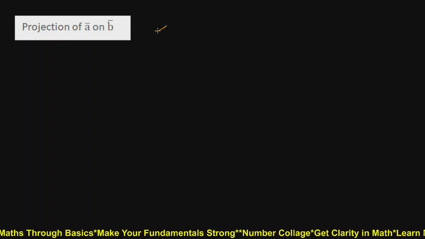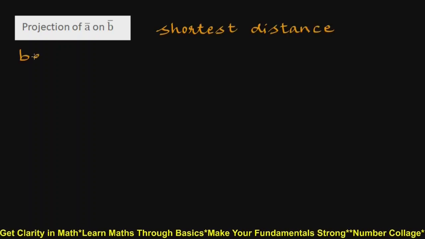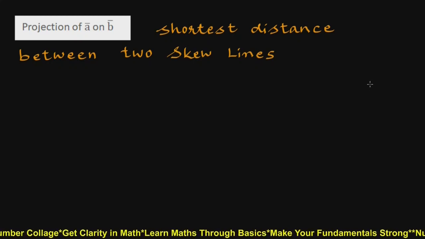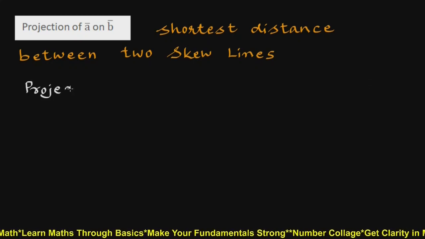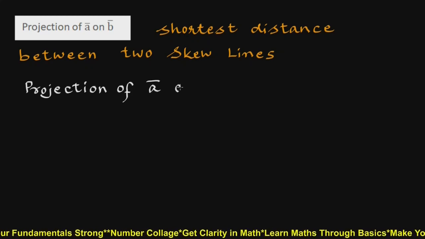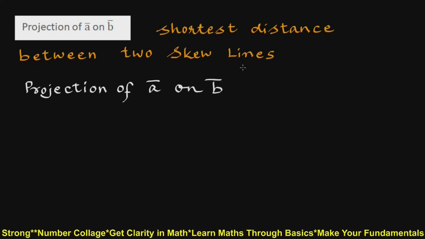Before we proceed with finding the shortest distance between two skew lines, let us understand what is meant by the projection of one vector A bar on another vector B bar.